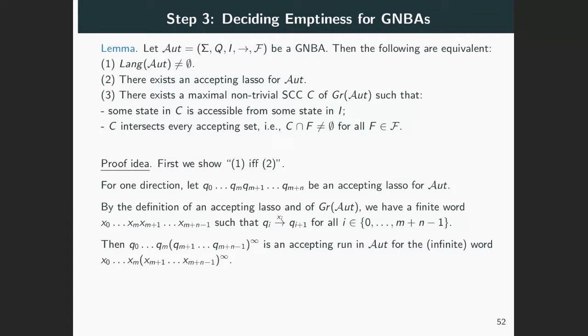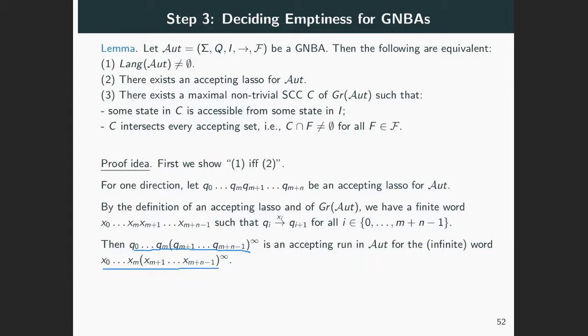Because Qm plus 1, Qm plus 2 up to Qm plus n is a cycle, we can iterate it infinitely, and we can also iterate infinitely the corresponding portion of the finite word. This gives us an infinite word, shown here. And a corresponding run for it, shown here.